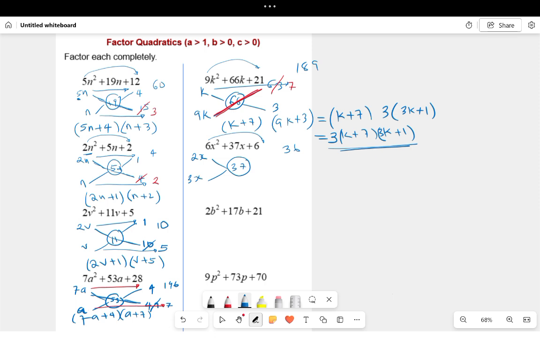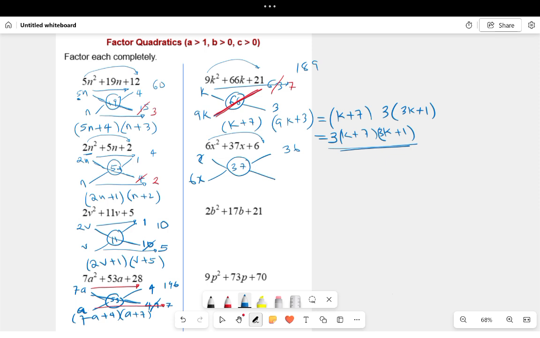All right, now we need to figure out what are the numbers that when I add, actually it can be done in two ways, 3x and 2x, or it can be done as x and 6x. Now we need to think about two numbers. When I add, I'm going to get that 37. When I multiply, I'm going to get 36.